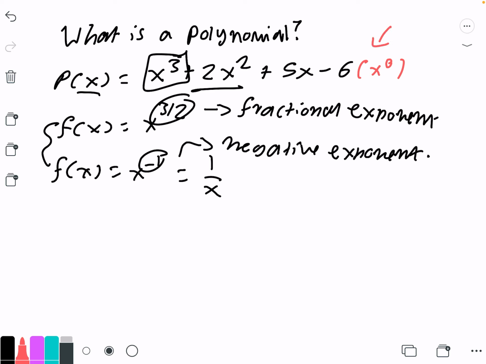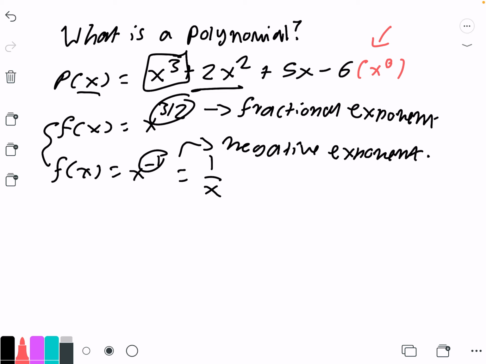I did that because in my definition, I said non-negative powers of the variable, so x. For our cases, it will always be x, but you may see t or something else, depending on the context. So non-negative means any number that's not negative, so that includes 0.